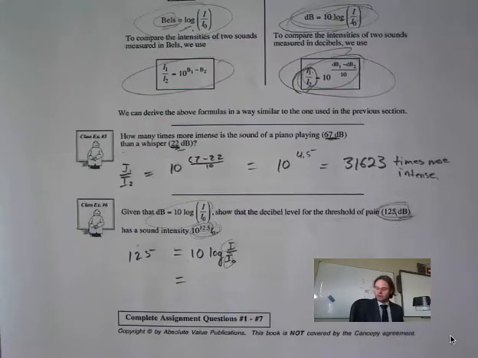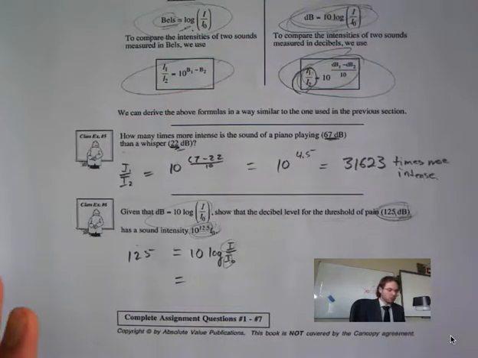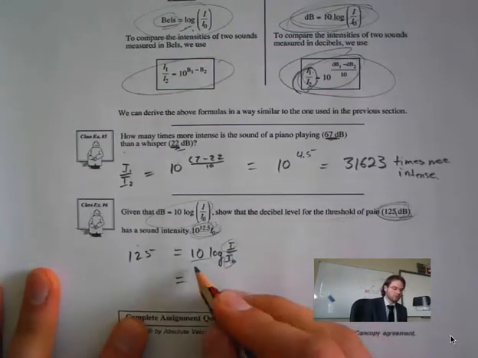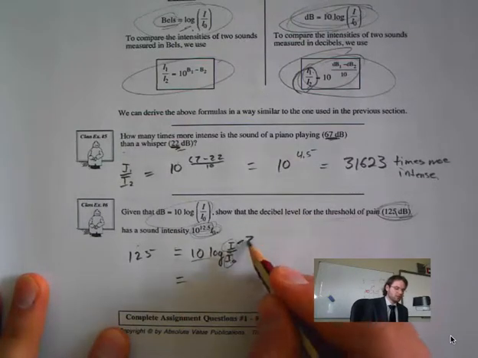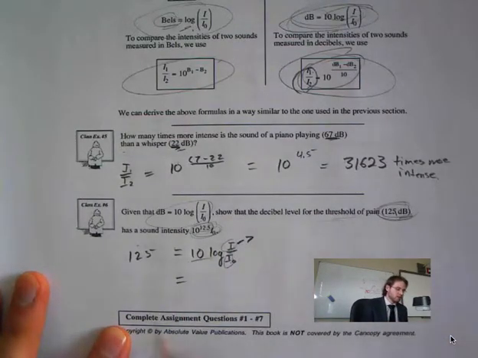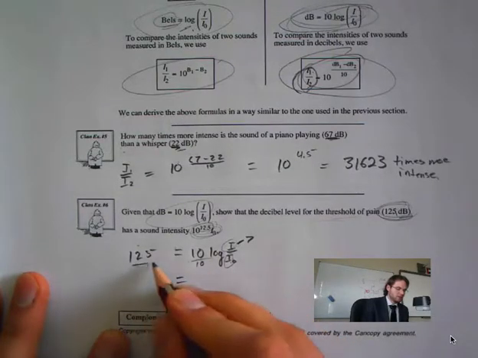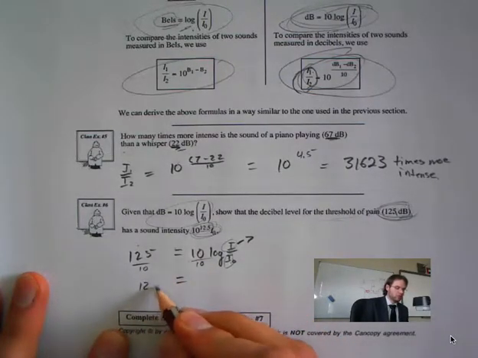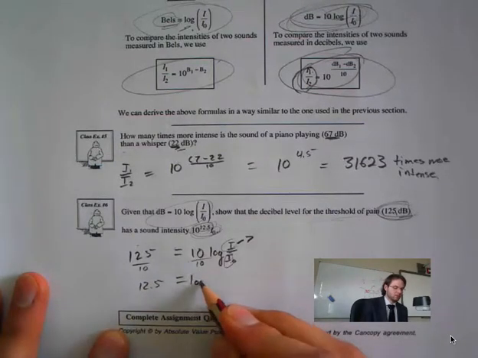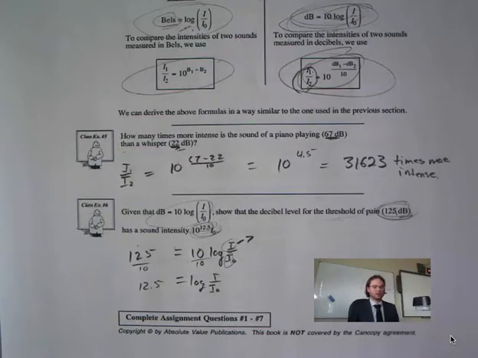So, how do I do this now? I'm going to divide both sides by 10. We're solving for this guy. Okay? So we divide both by 10. So I get 125 divided by 10, which is 12.5, is equal to log of I over I naught.